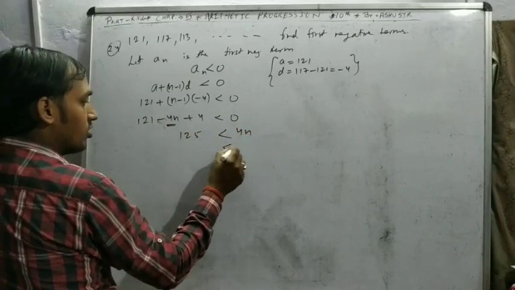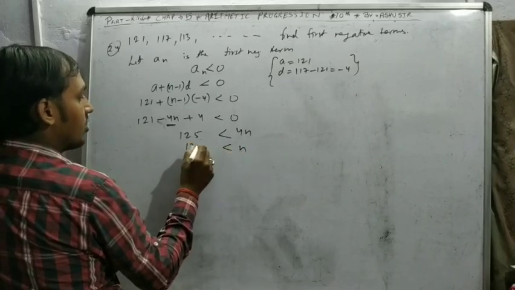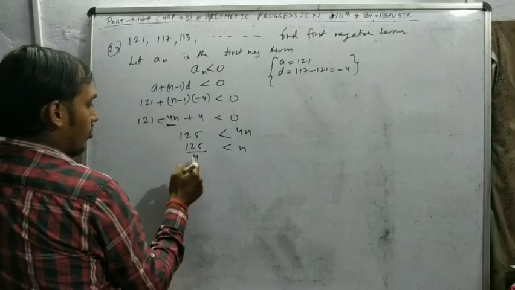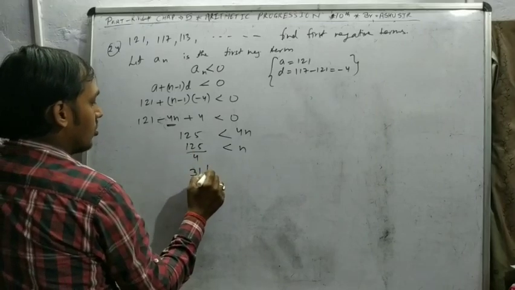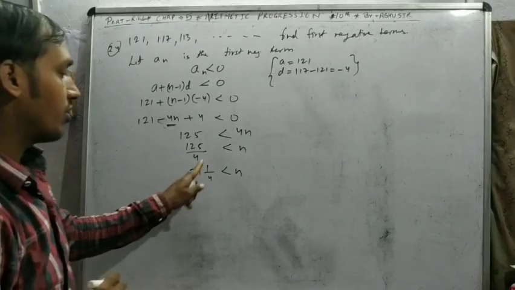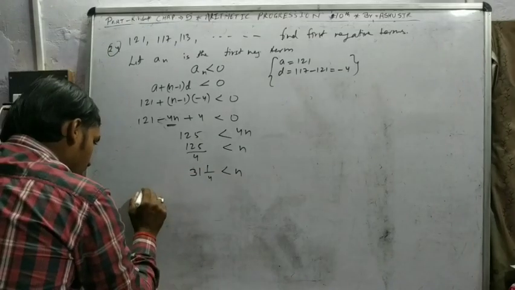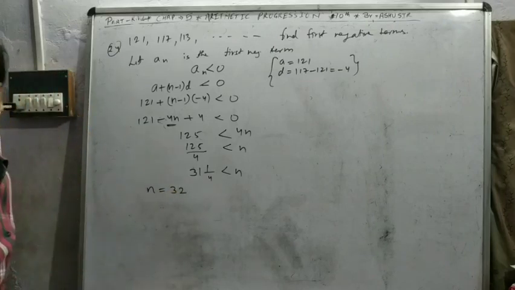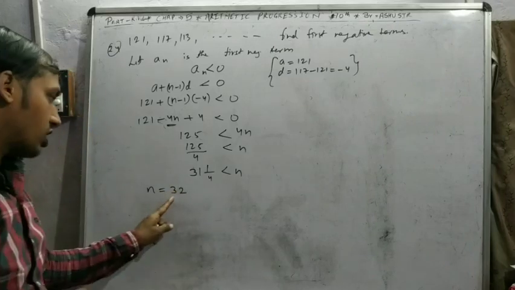Sending to both sides, n is greater than 125 by 4, which is 31 whole 1 upon 4. When n is greater than 31 whole 1 upon 4, n is equal to 32, because n is always a natural number.